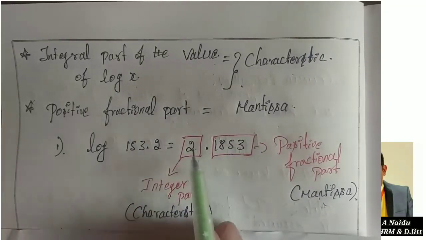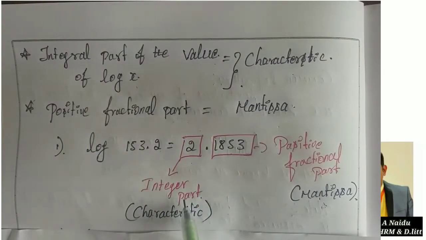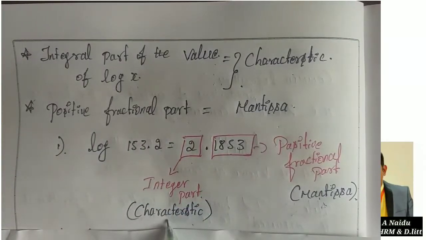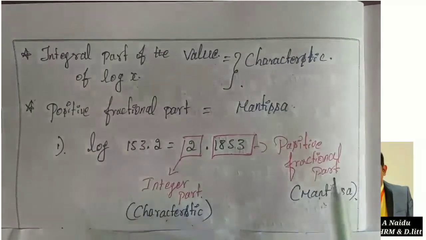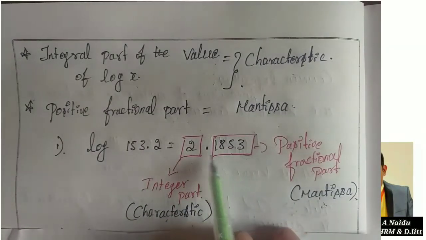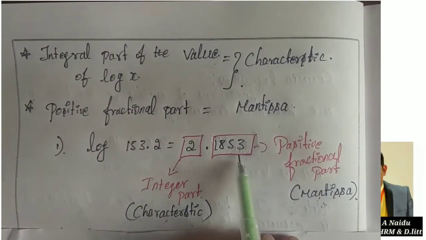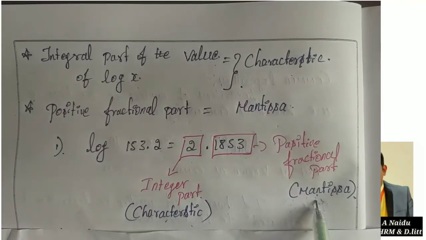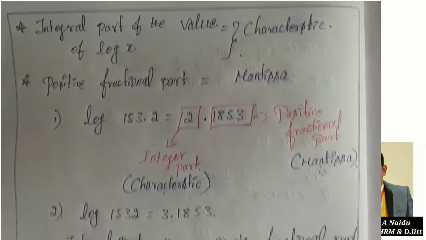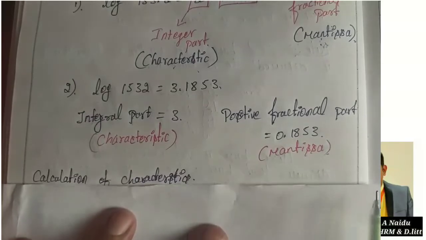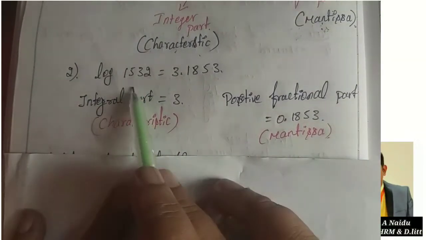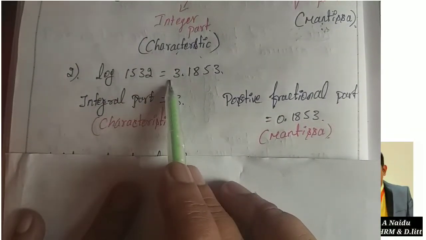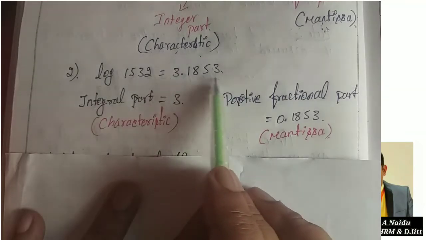This 2, the integer part, is called the characteristic. The fractional part after the point, whatever fraction we get, we call the mantissa. Now the second example: log 1532 can be written as 3.1853.